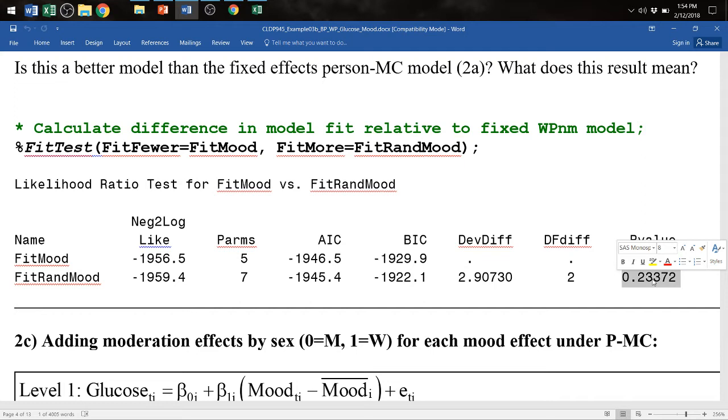So it got better a little bit. It got better by 2.9, but it needed to be better by like 6 to be significant. That comes from the chi-square distribution with degrees of freedom of 2. And even if you're using a mixture chi-square, that critical value is 5.1. This is well under it, so no.